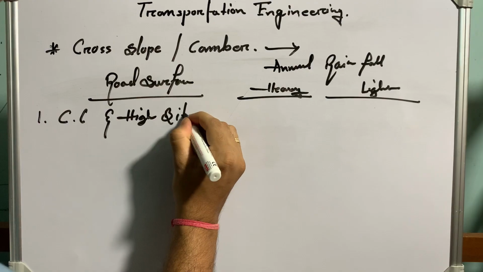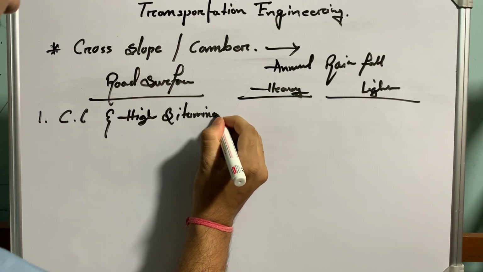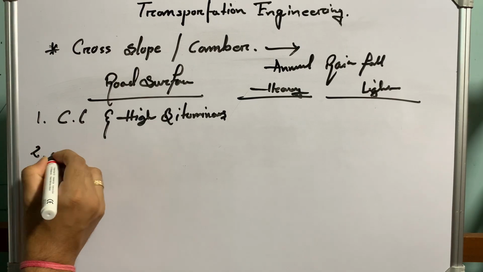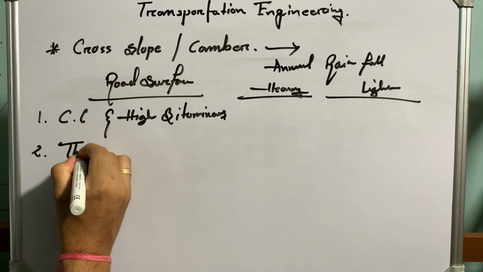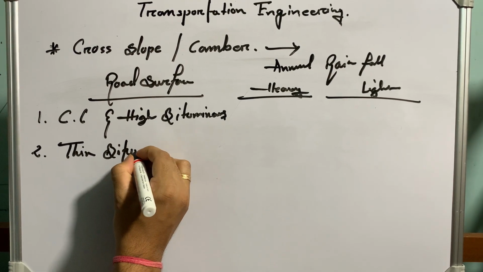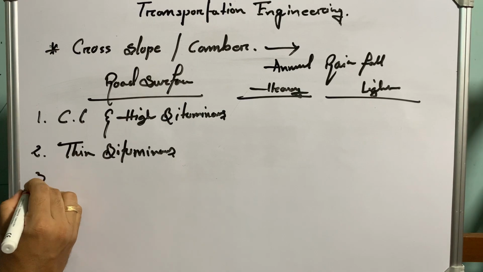Let me write all the road surfaces first. The first one is high bituminous or cement concrete.